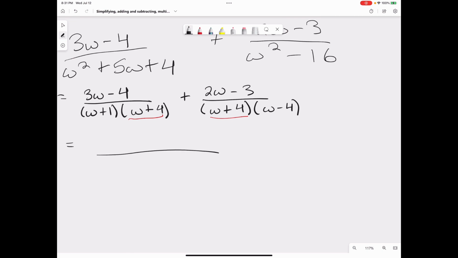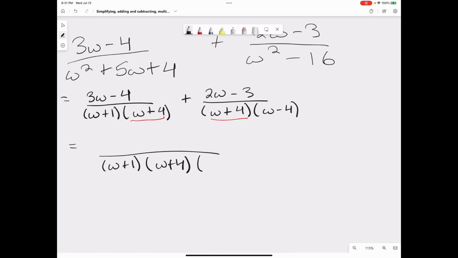So the joint bottom is going to be w plus 1, w plus 4, just combining. As long as you have one of all the different terms in the denominator, I have one w plus 1, one w plus 4, and one w minus 4, that means you can combine the numerators at the top because now they're common.